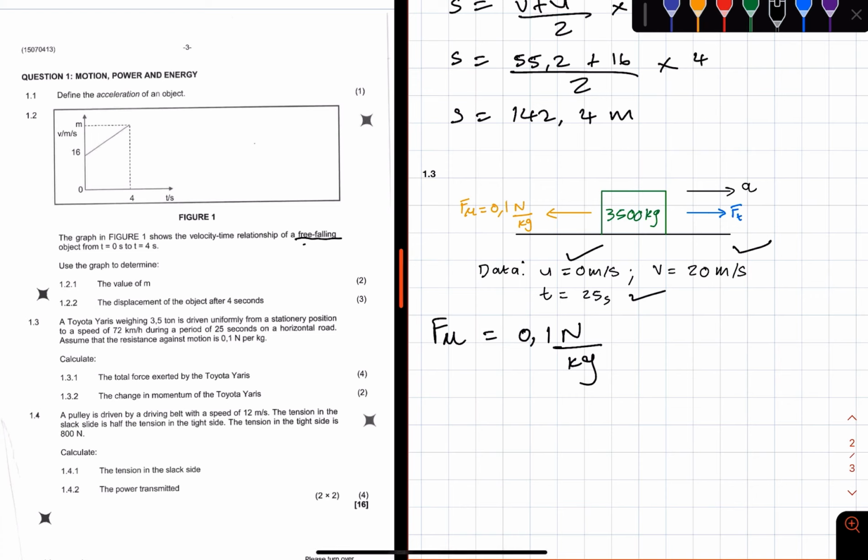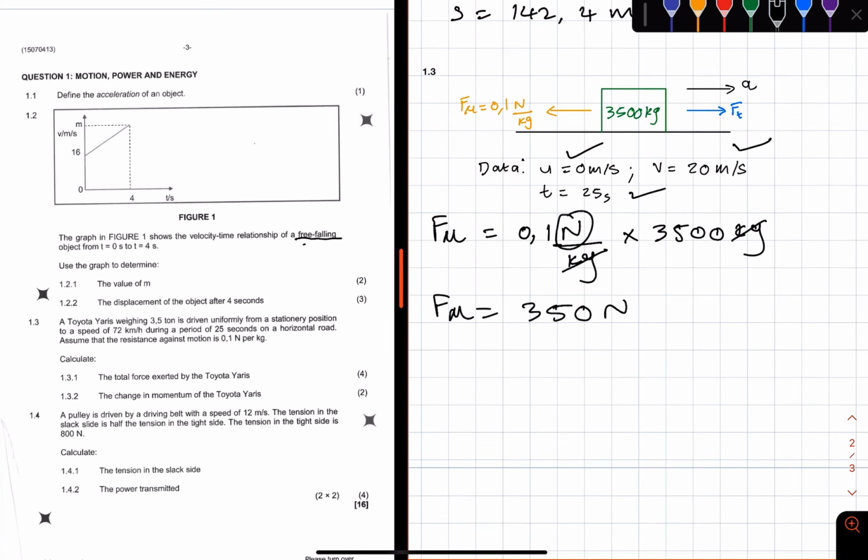So to get this into newtons, we need to multiply by the mass of the Toyota Yaris, which is 3,500 kgs. So the kgs cancel and you are only left with newtons. 0.1 times 3,500 is equal to 350 newtons. So the frictional force is equal to 350 newtons.